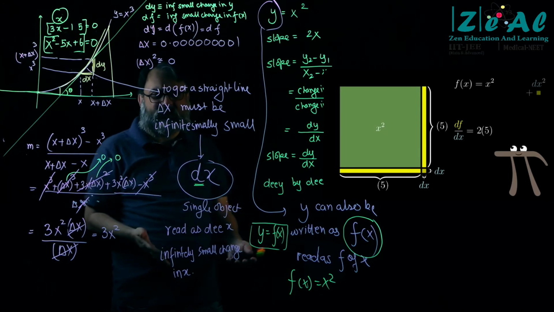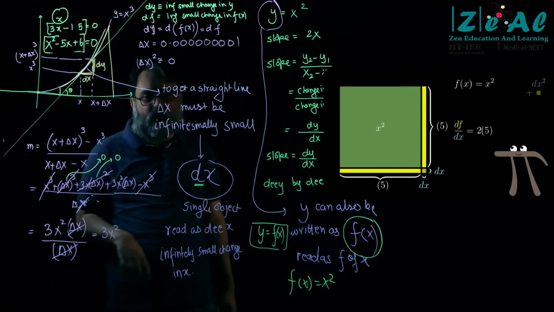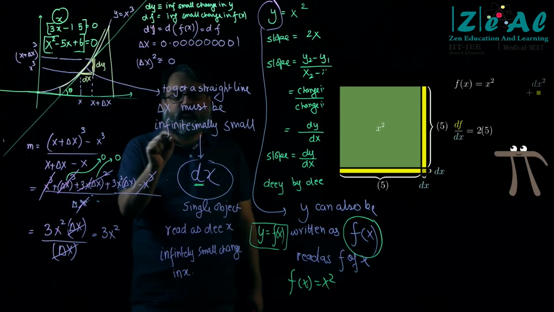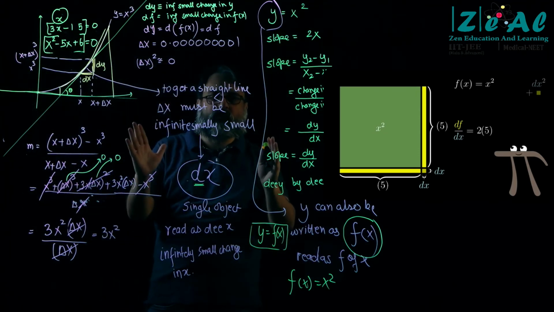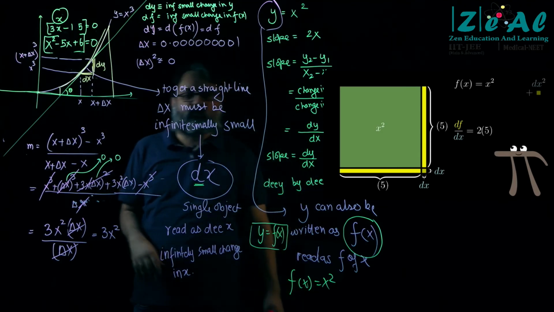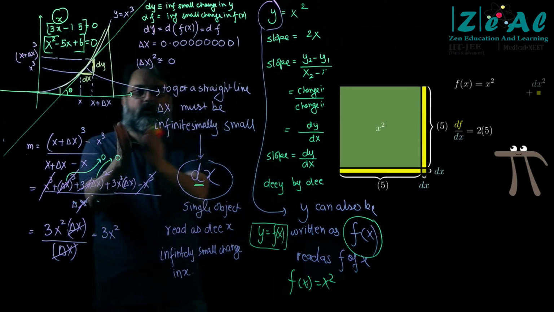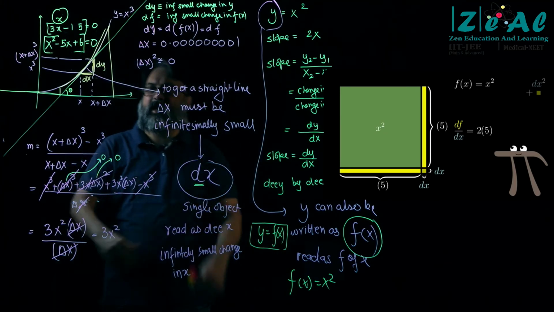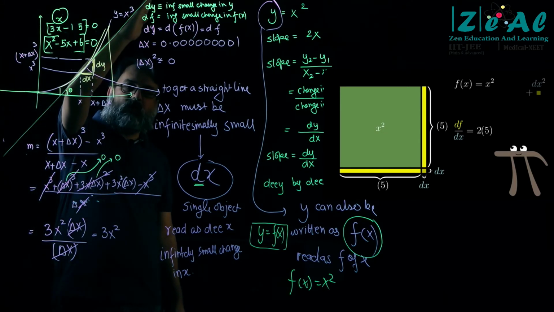It makes sense. If you have a small square and if you change it by an infinitesimal amount, then the rate of change of area will be small. But if you have a large square and if you change the dimensions of that large square by an infinitesimal amount, there the change is going to be more, here it is going to be small. Just like saying that here the slope is going to be less, here the slope is going to be large.